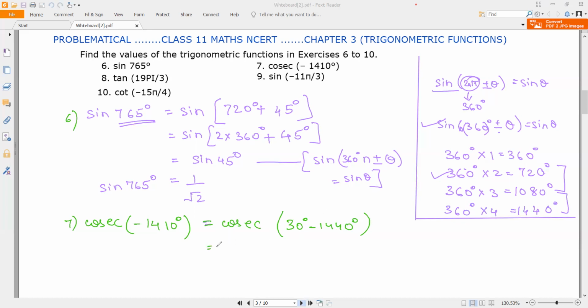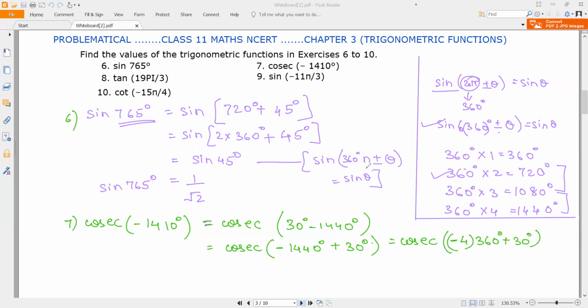This is equal to cosec of minus 1440 degree plus 30 degree, which is cosec of minus 4 into 360 degree, a multiple of 360 degree, plus 30 degree.